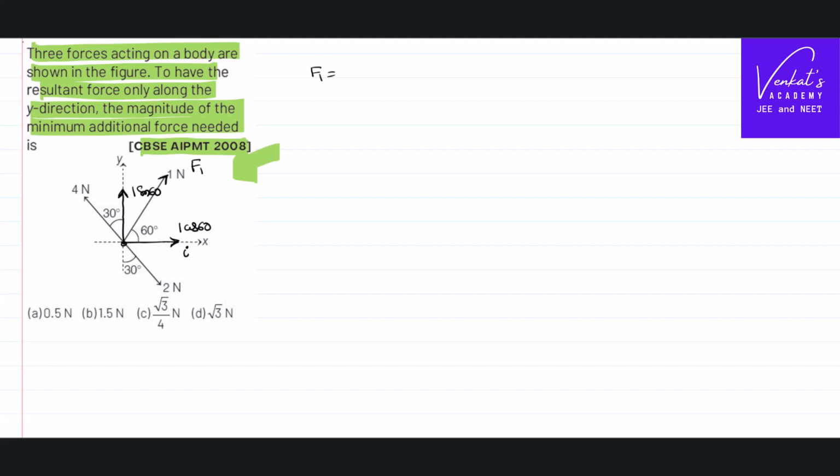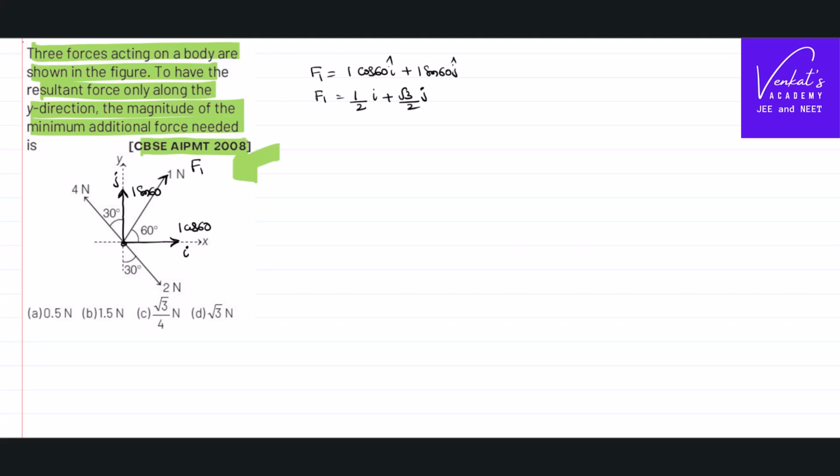This is the positive x-axis, i cap, this is the positive y-axis, j cap. So I can say F1 is 1 cos 60 i cap plus 1 sin 60 j cap. How much is that? 1 cos 60 is 1 by 2 i cap plus 1 sin 60 is root 3 by 2 j cap. That is F1.